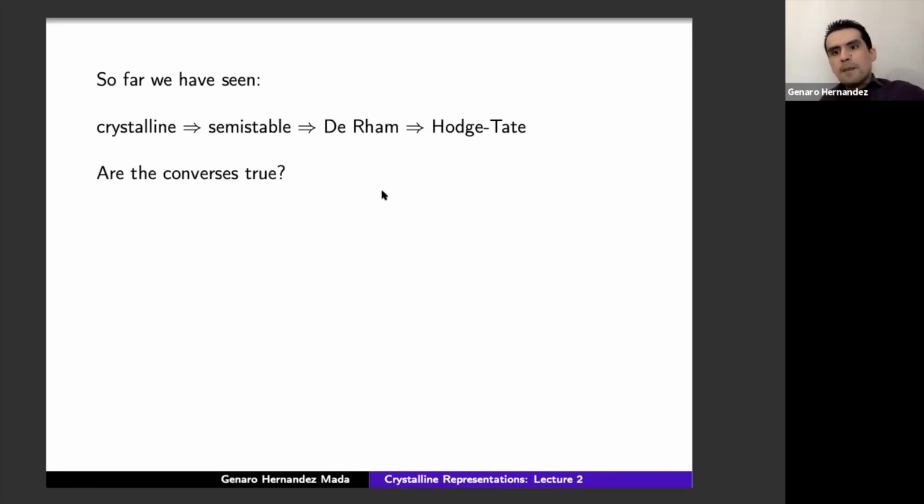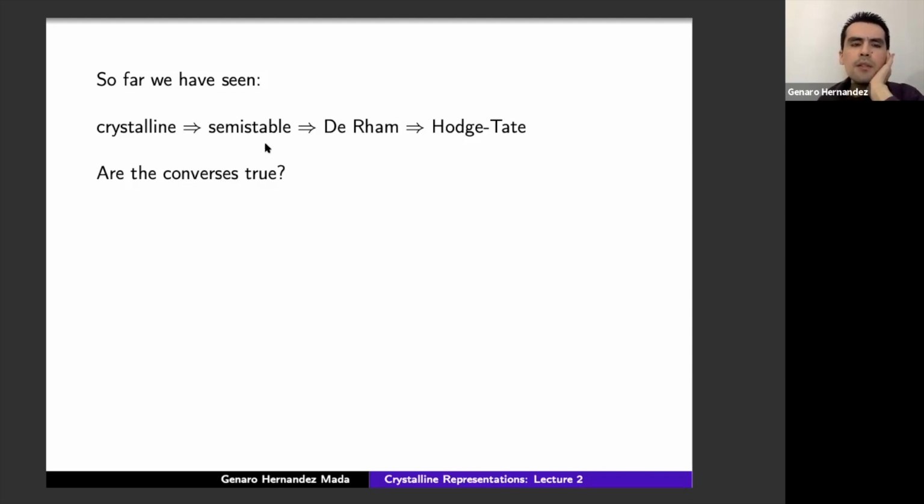There are two things that we should discuss here. One is if we could find an example of a Hodge-Tate representation that is not de Rham, if we can find a de Rham representation that is not semi-stable, if we can find a semi-stable representation that is not crystalline, and actually this last one might have to do with the geometric situation that I was talking about a minute ago, right?